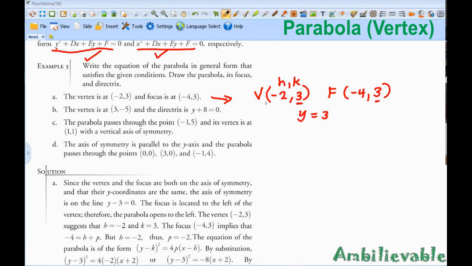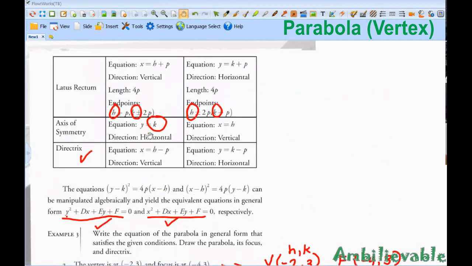Going back to our table, when the axis of symmetry is y equals k, the direction of the parabola is horizontal. When it is x equals h, it is vertical.